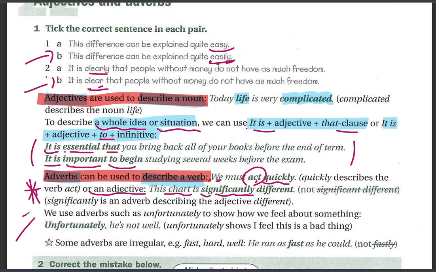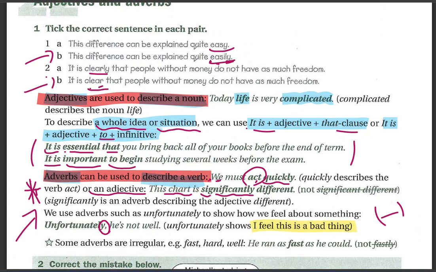Okay, now here. We use adverbs such as unfortunately to show how we feel about something. It's negative somehow. We're sorry about it. Unfortunately, he's not well. Look at here. After these adverbs, we use comma. And unfortunately shows I feel this is a bad thing.